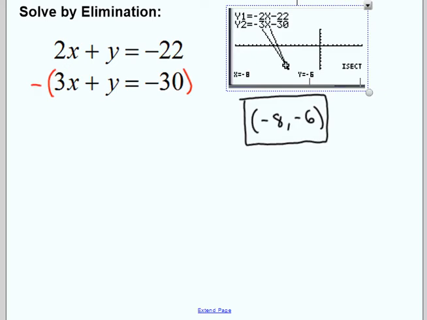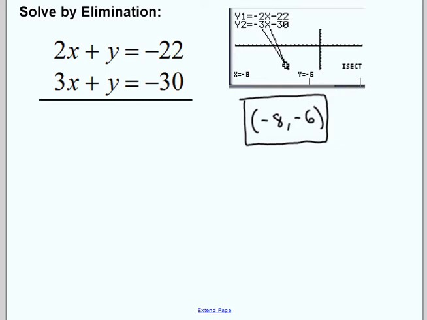I'm going to put a line here and subtract the bottom one from the top one. So 2x minus 3x would be negative x. y minus y would be 0. See how I eliminated the y's? Then I got my equals. Negative 22 minus a negative 30 would be 8. And I divide both sides by negative 1, and I get negative 8.